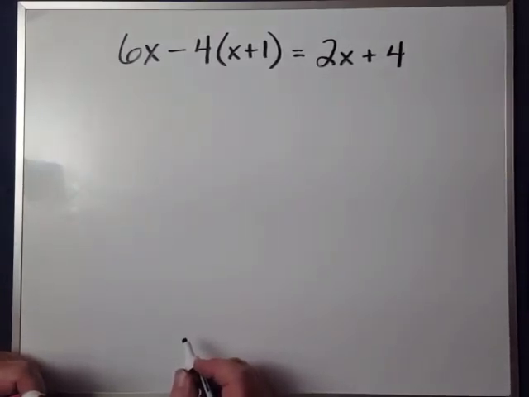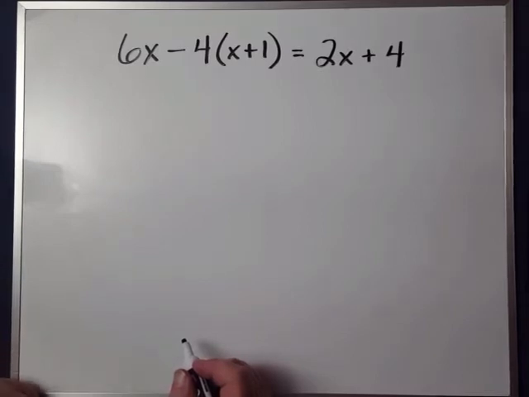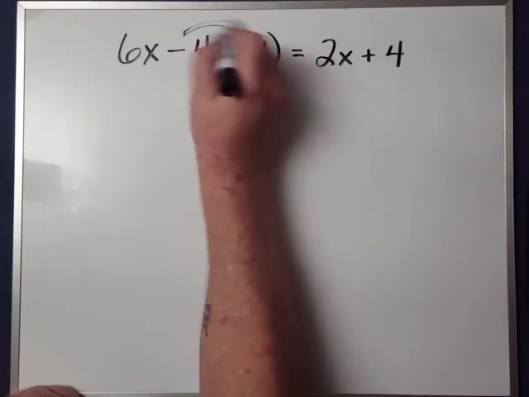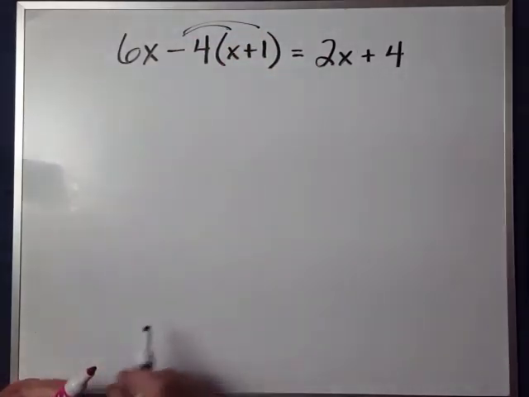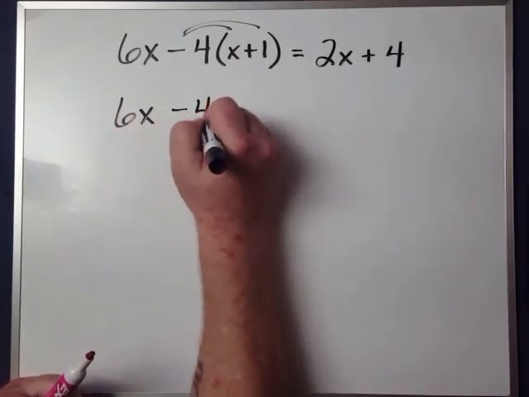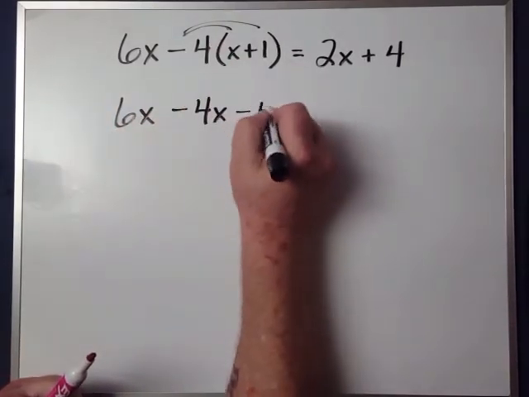So we're going to start by simplifying both sides. The left-hand side needs to be simplified. The right-hand side is ready to go and just waiting. On the left-hand side, I will distribute this negative 4. Watch your signs. That'll give me minus 4x and minus 4.